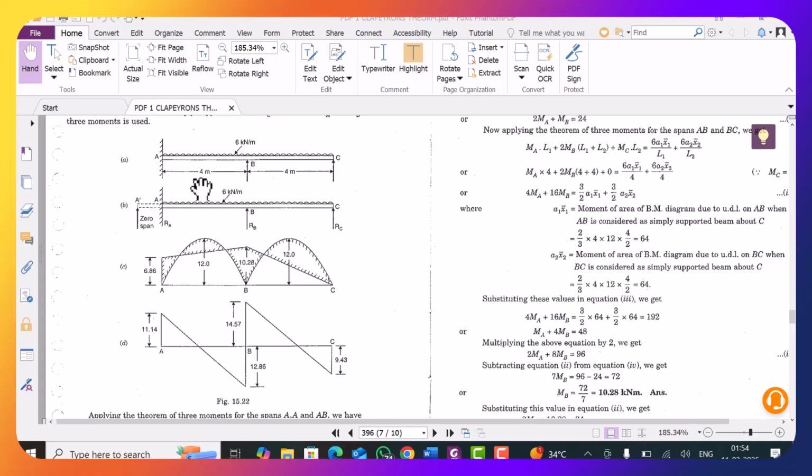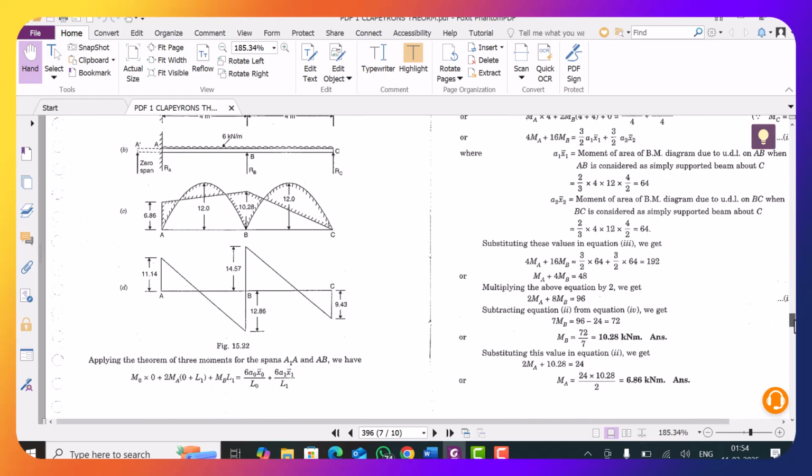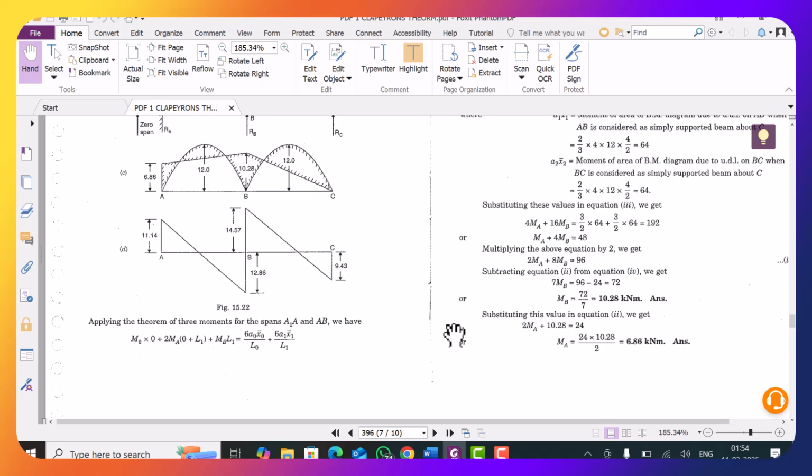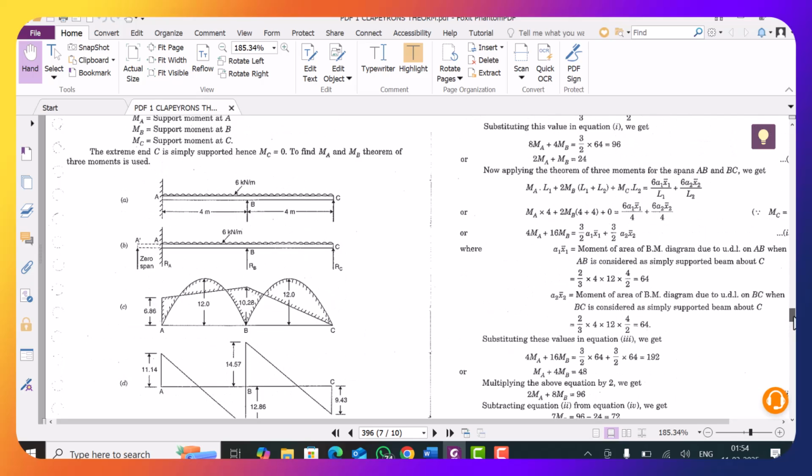So if you refer to Clapeyron's theorem, you have only one option, that is span ABC, where you can apply the equation of three moment. But now let us try to calculate the unknowns here. This fixed support will provide two unknowns, one is the reactive force and one is the moment.